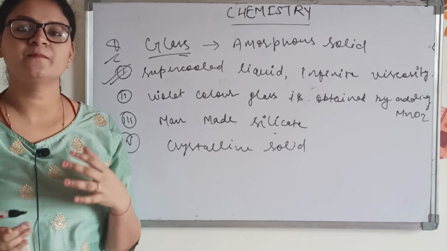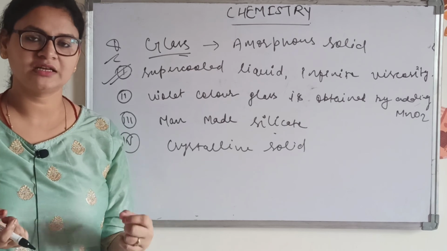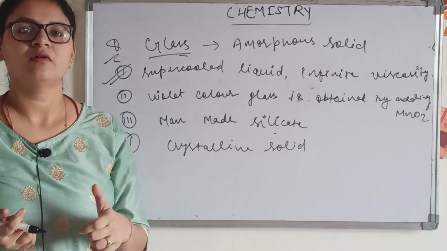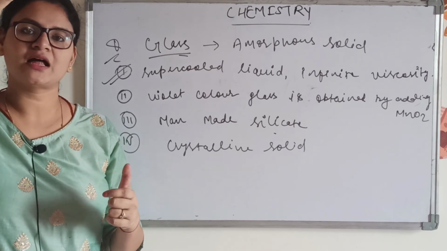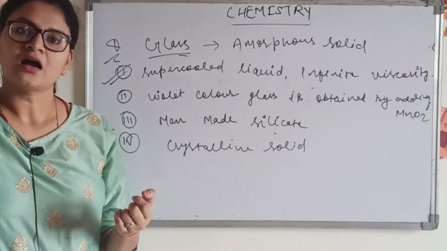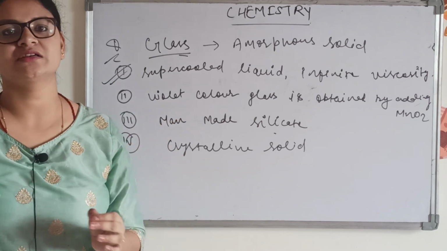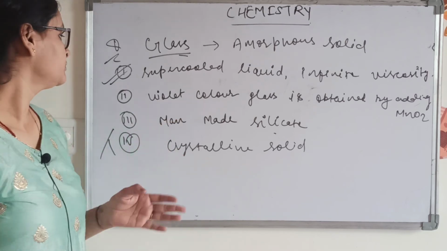In the window panes of old buildings, the bottom of the glass is thick, because glass flows like a liquid from upward to downward, and its viscosity is not fixed.